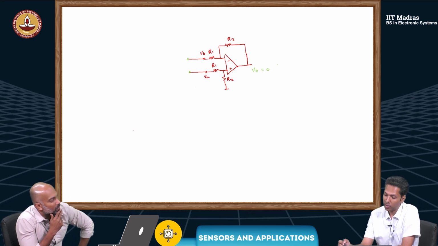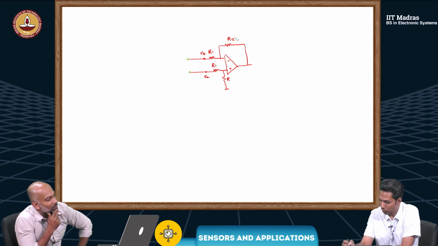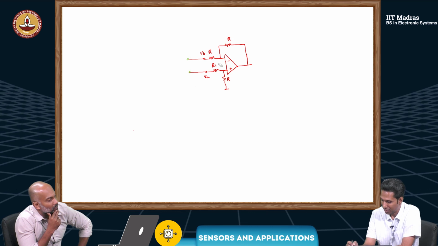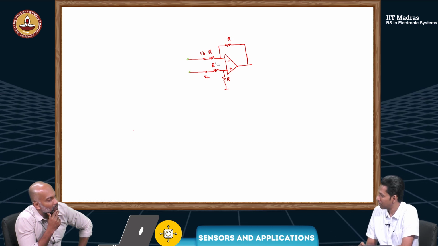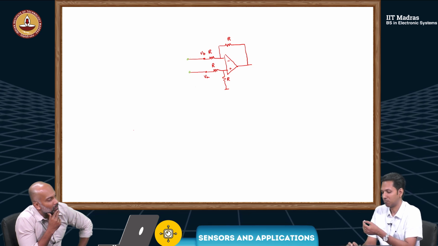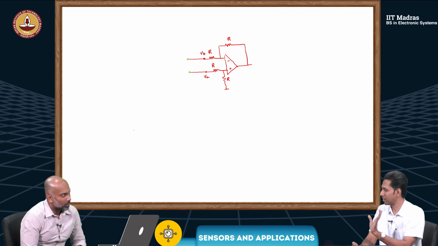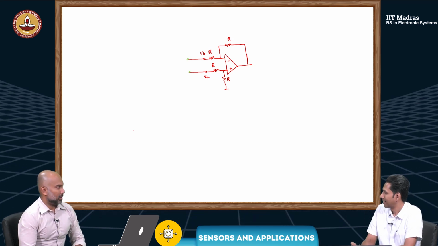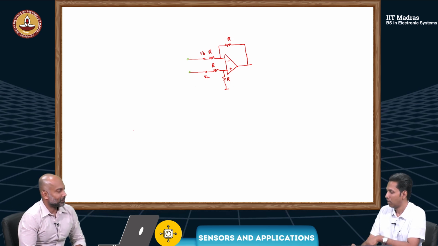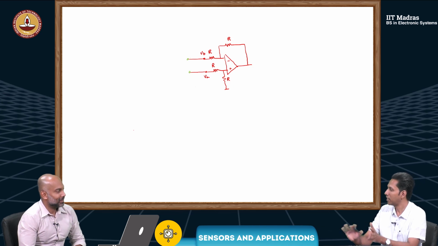What I'm trying to say is, I want to use the common mode rejection property of the circuit. For that, I will make all these resistors the same value, so the common mode rejection is perfect. When an IC is made, all four resistors are made using the same process, so the variation will be very small.